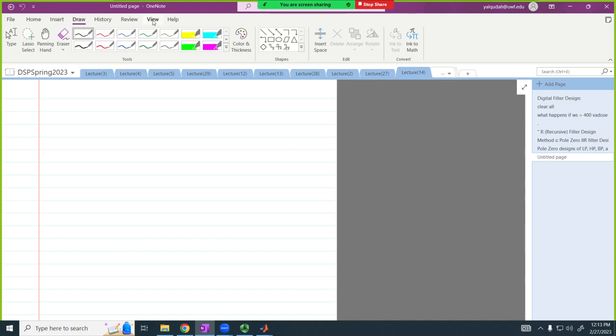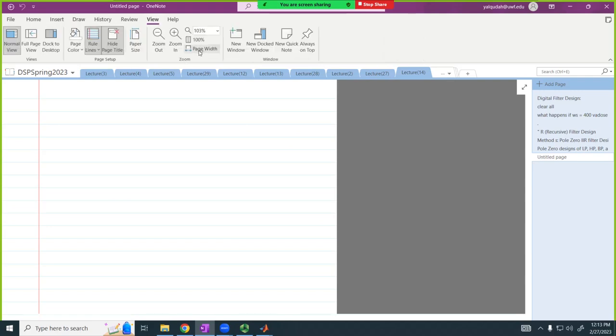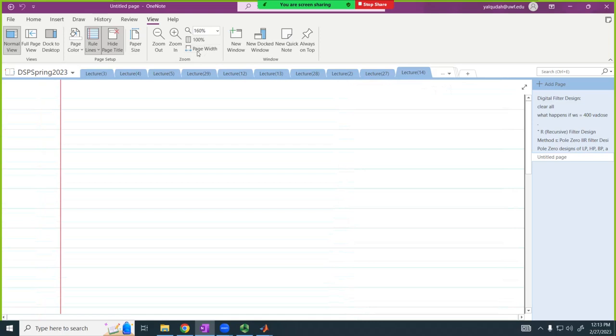Now, one thing to keep in mind is that when we place poles or zeros, if they're complex, they're always going to appear as conjugates of each other, so that the filter coefficients are real coefficients.